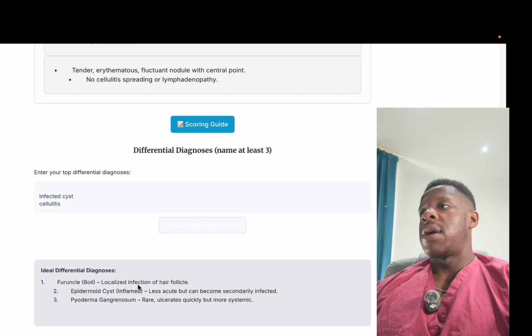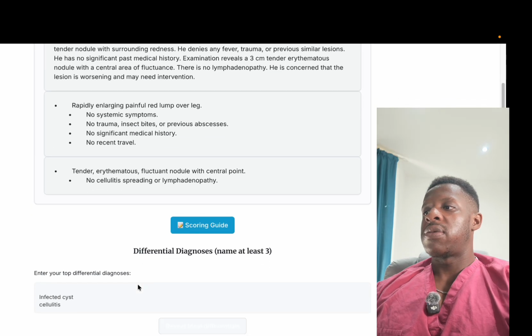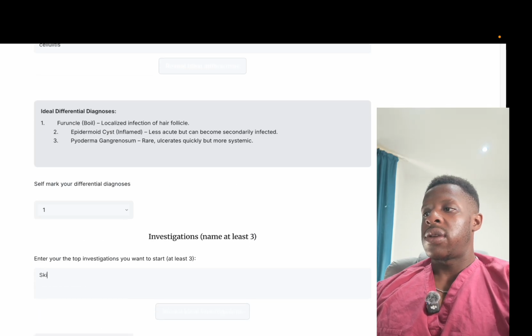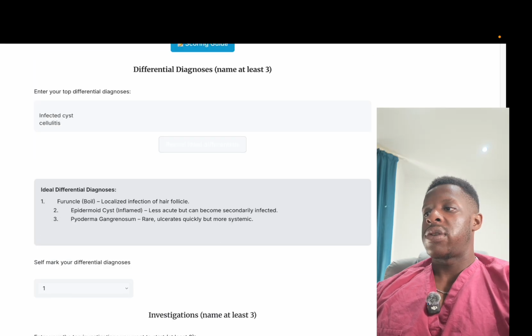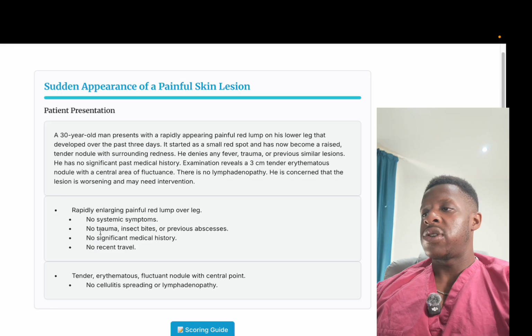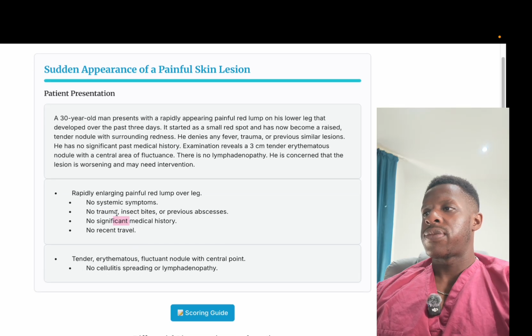Investigations. Even though there are no systemic symptoms, we want to get a skin swab, and maybe do some general blood tests. FBC, to look for white cells. CRP, to look for signs of inflammation. I'm not worried about systemic symptoms, so I probably wouldn't do a VBG at this point in time. Anything else I would do?